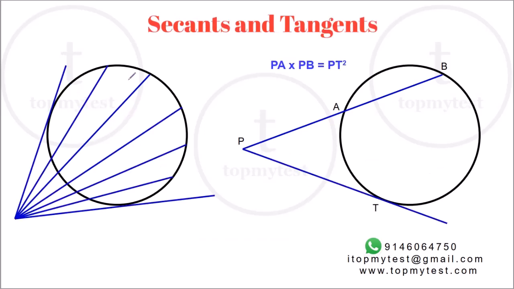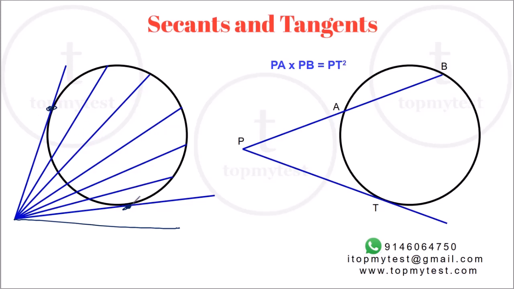Now, from outside any point, you can draw multiple lines. Some of them might bypass the circle altogether, which is not very interesting. However, you are more interested in when a line intersects a circle. There can be only 2 lines which will intersect the circle at exactly 1 point, right?